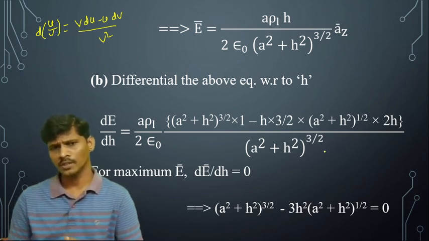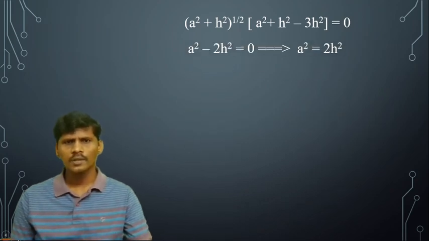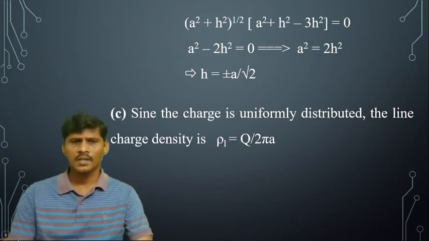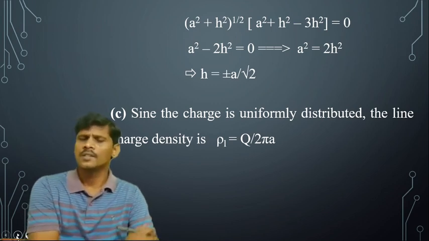Take the cross multiplication, the numerator term becomes 0. Therefore a is equal to plus or minus, therefore h is equal to plus or minus a by root 2. That is the second bit solution.